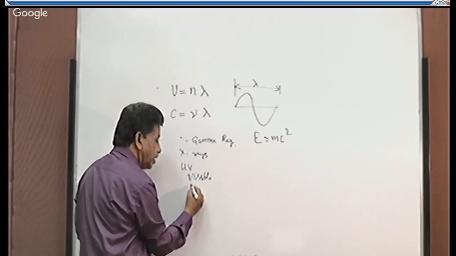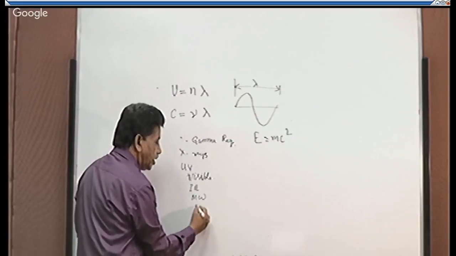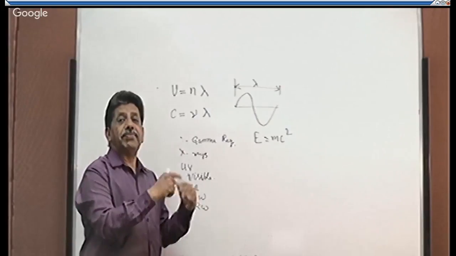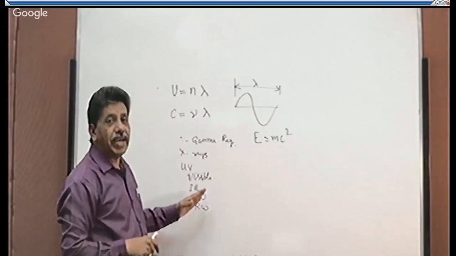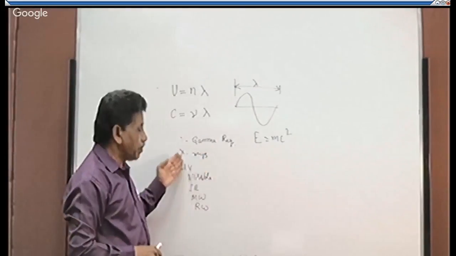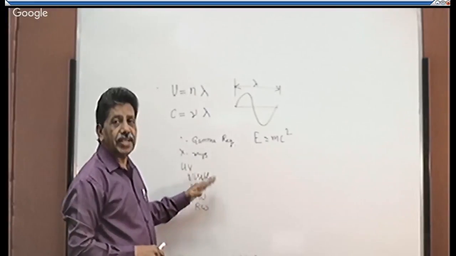Next, we have infrared radiations. Then we have microwaves. Then we have radio waves. So, in what way do they differ from one another? That may be another question. In what way are gamma rays different from X-rays, and X-rays different from ultraviolet radiations, and so on and so forth?